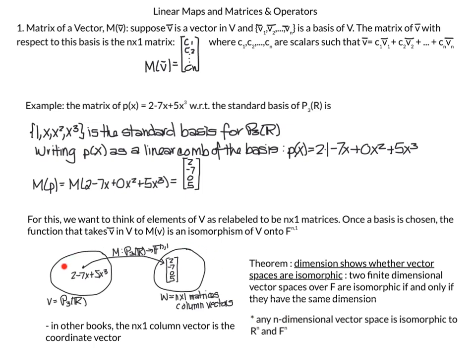And that's exactly what this is here. It's showing that M is this mapping, and it's an isomorphism from the space of polynomials of degree 3 or less. It's essentially the same as R4. So this mapping, the matrix of a vector, is exactly the mapping that makes any n-dimensional space isomorphic to Rn and Fn.